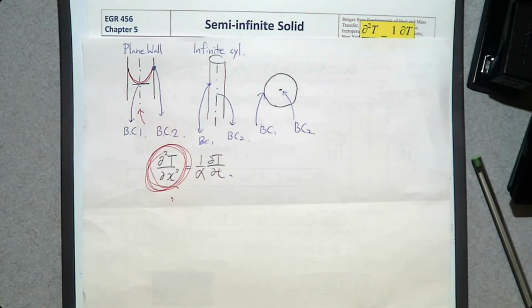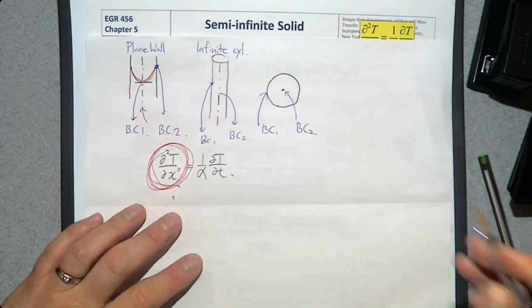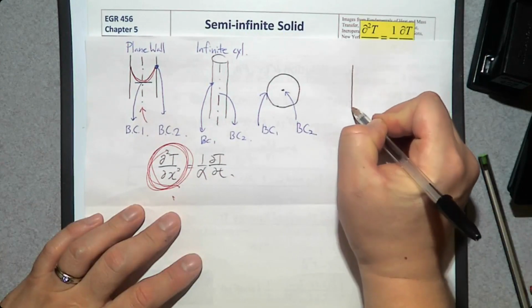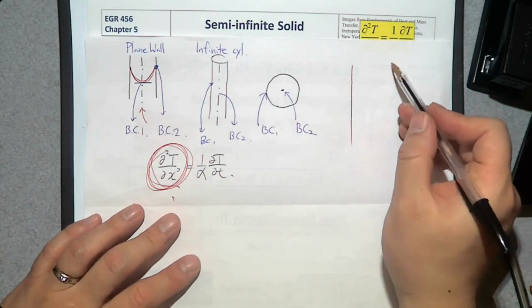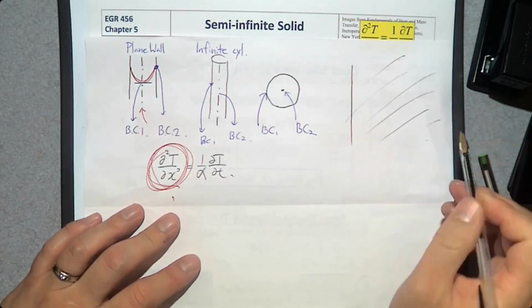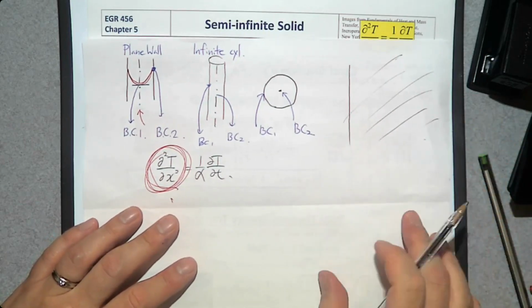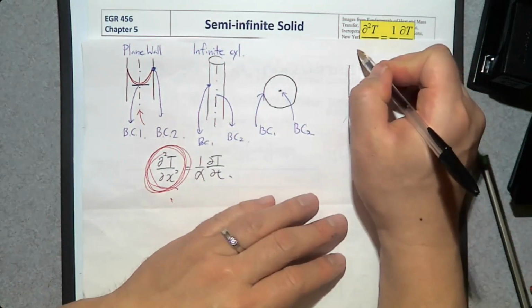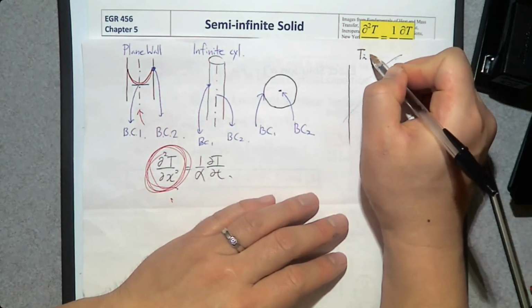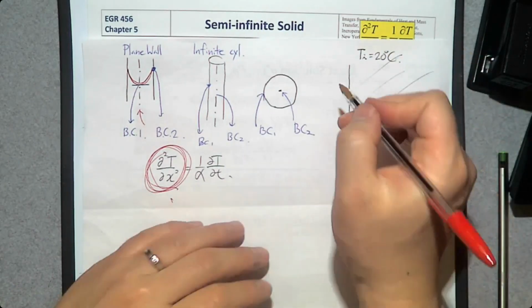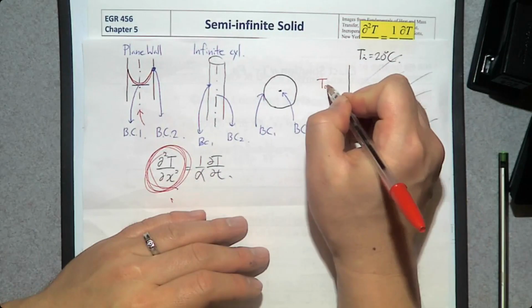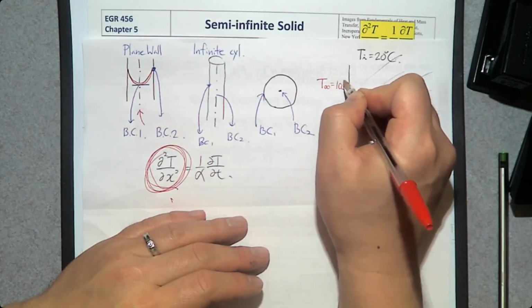But if you have a semi-infinite solid, let's say this is a solid, and we don't know how deep it's going to be. And initially, Ti is 20 degrees Celsius. And suddenly, this surface is exposed to a fluid whose temperature is 100 degrees Celsius.